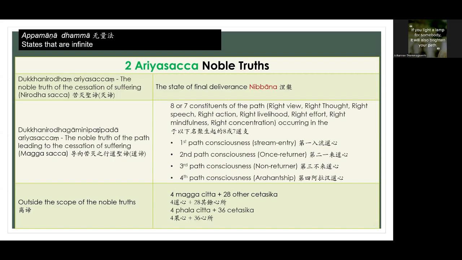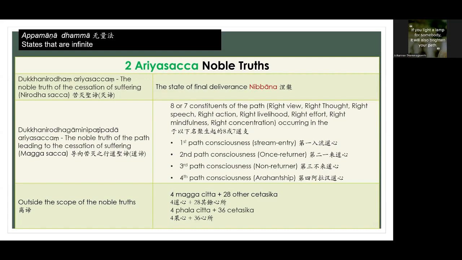So if you recall again, the 5 jhanas, the first jhana has all 5 jhana factors. So it has all 5: vitakka, vichara, piti, sukha, and ekaggata. Then when you go down to the second jhana, it doesn't have vitakka. Instead, it has only vichara, piti, sukha, and ekaggata.